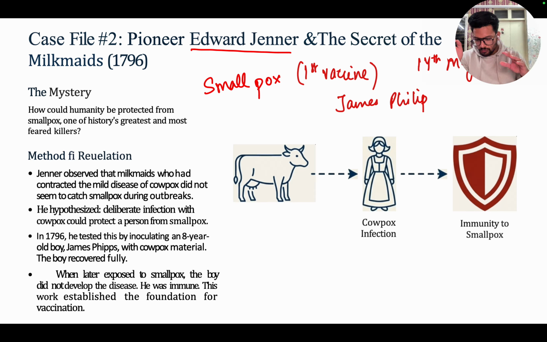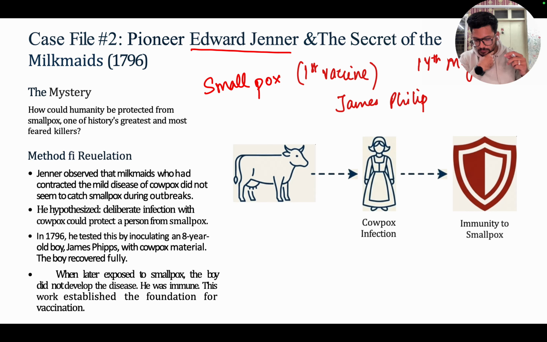He scraped the pus from cowpox blisters on the hands of Sarah Nelms, a lady who was suffering from cowpox, and inoculated James Phillips.